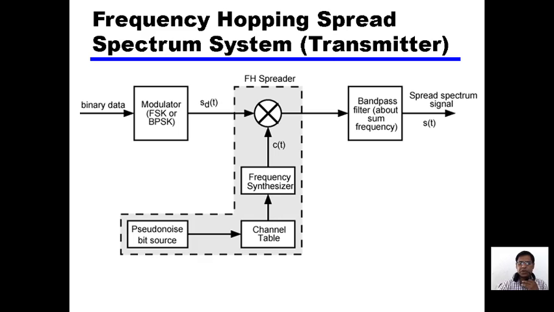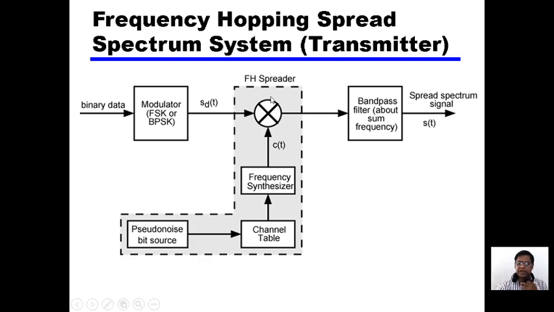Whatever you are speaking is converted into binary data only, and it goes to FSK or BPSK, that is binary frequency shift keying and binary phase shift keying. The signals are transmitted like this.